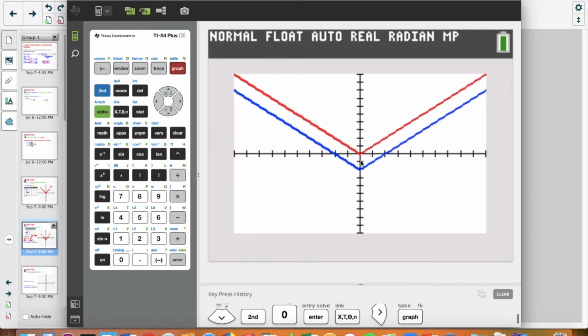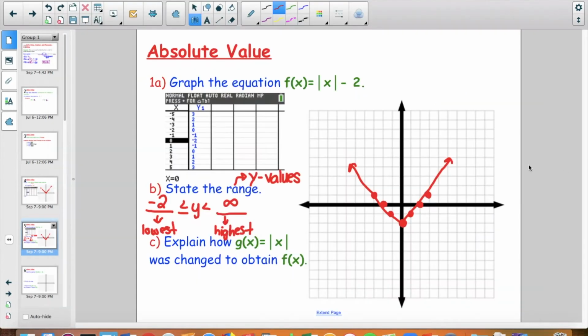So the red line is our original line. The blue line is our new one. To get from red to the blue, we have to go down 2 spaces. So that's how g of x was changed. So you shift down 2 spaces. Notice I mentioned direction and I mentioned the number of spaces that I moved.